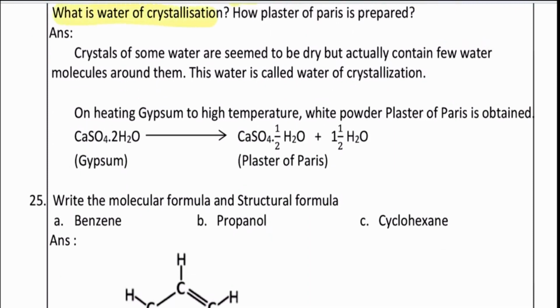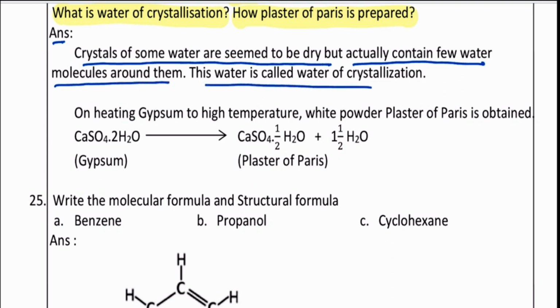What is water of crystallization? How is plaster of Paris prepared? Answer. Crystals of some salts seem to be dry but actually contain a few water molecules around them. This water is called water of crystallization. On heating gypsum to high temperature, white powder plaster of Paris is obtained.